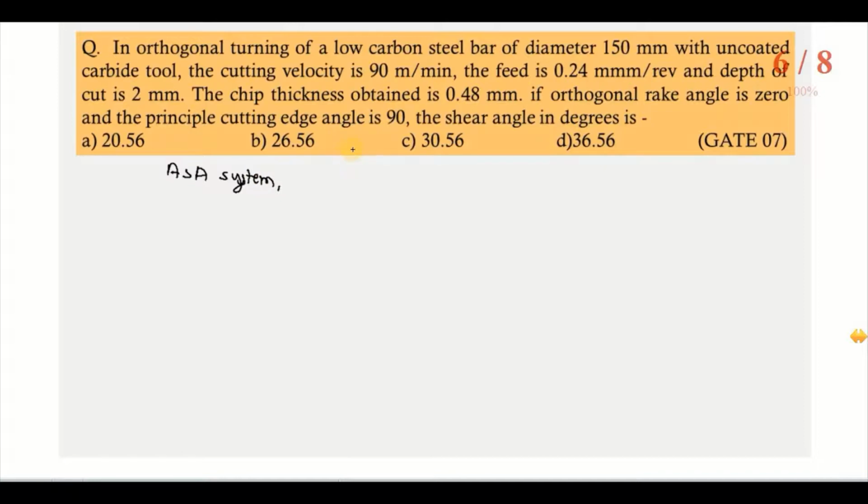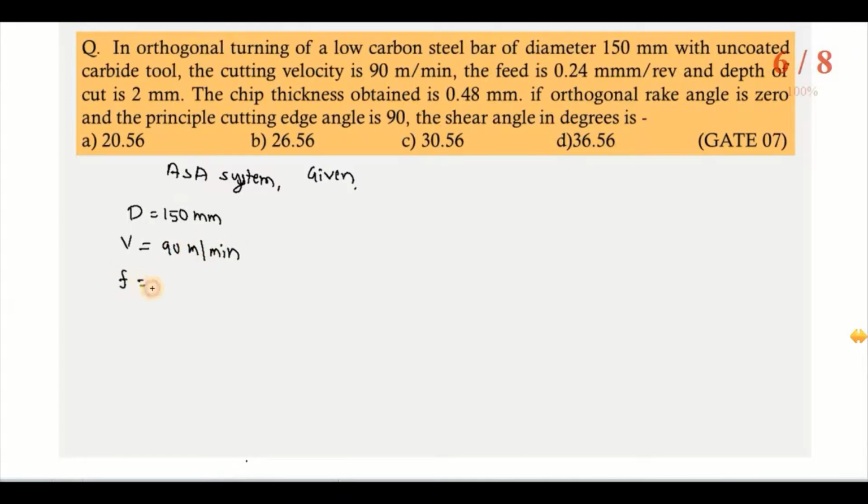Based on that, what values are given? The diameter is given, capital D, as 150 mm. Then we are given cutting velocity, that is V, 90 meter per minute.